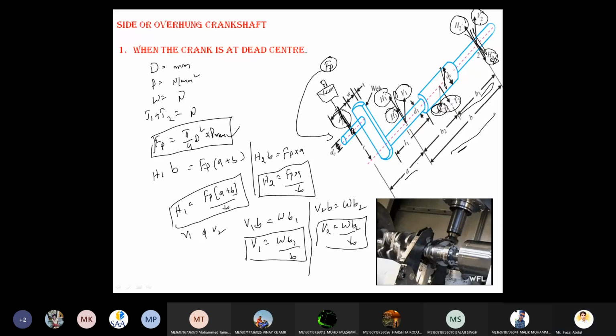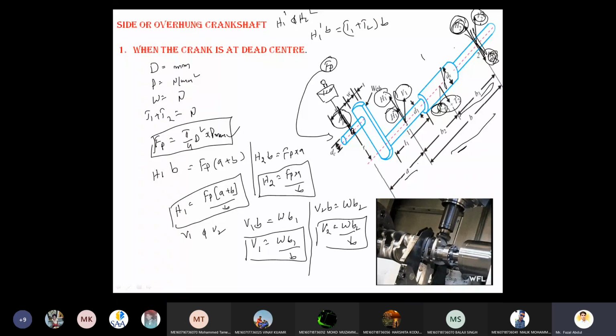Due to these belt tensions T1 plus T2, there are two reactions, H1 dash and H2 dash. What is H1 dash here?